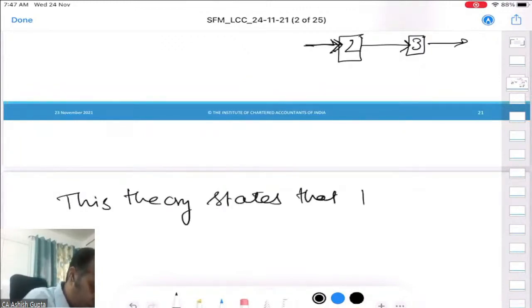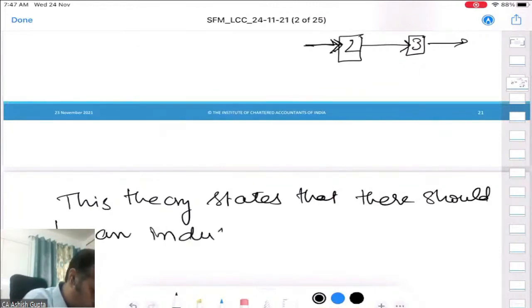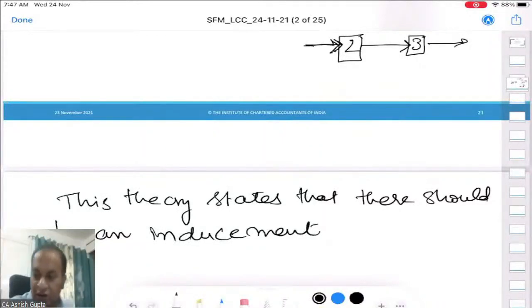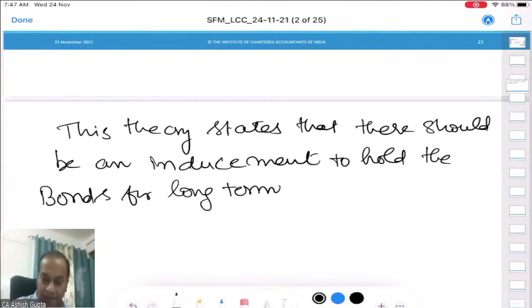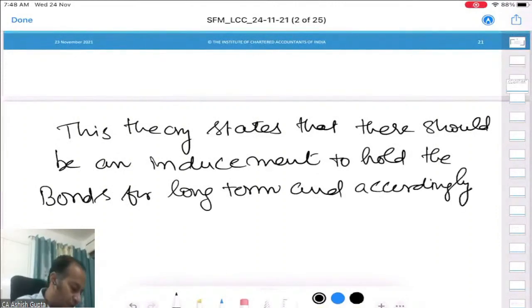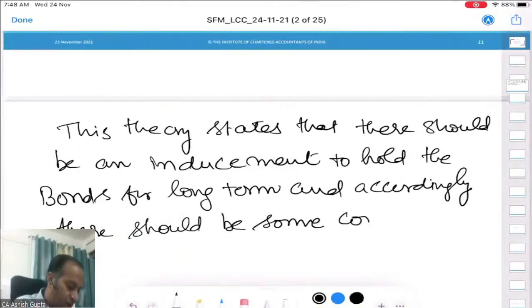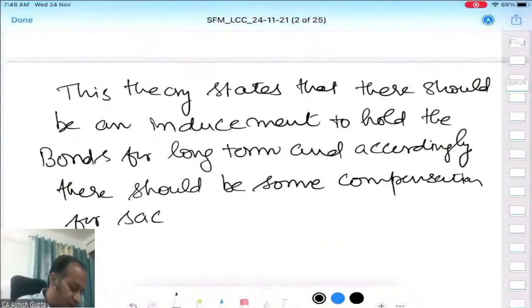This theory states that there should be an inducement for long term, and accordingly there should be some compensation for sacrificing liquidity benefit.